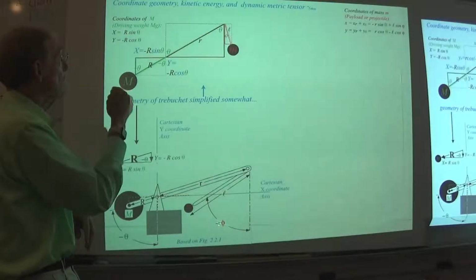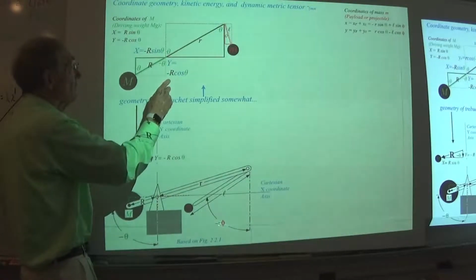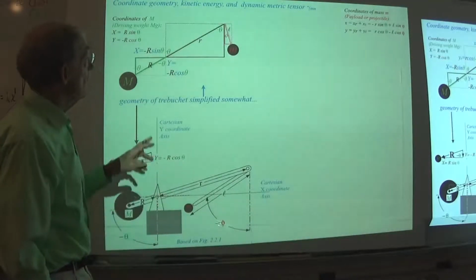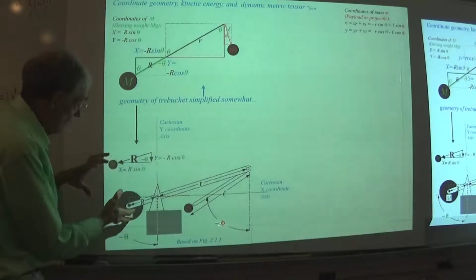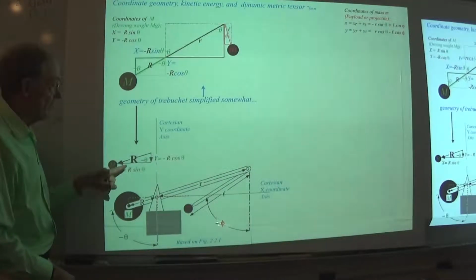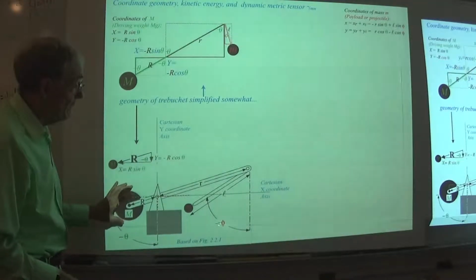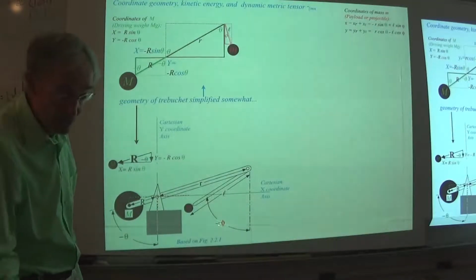So we end up, when we put our sign in, that this has a minus sign. And it turns out this one does too, it's down, that one's pretty obvious. But the basic coordinates of the large mass, large X and large Y, are just the plain old pendulum coordinates that we already talked about for the simple pendulum.